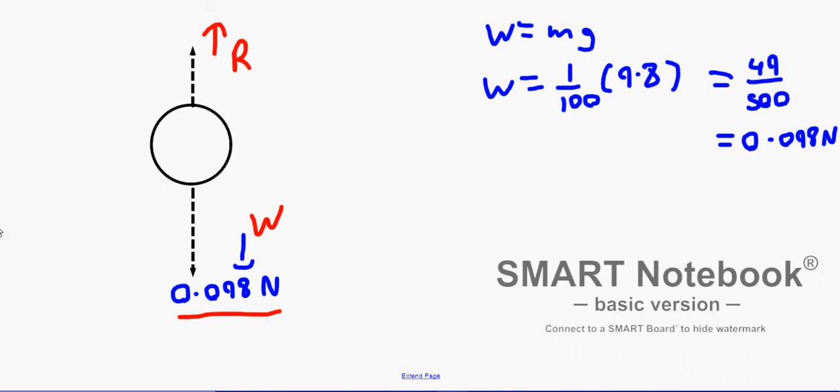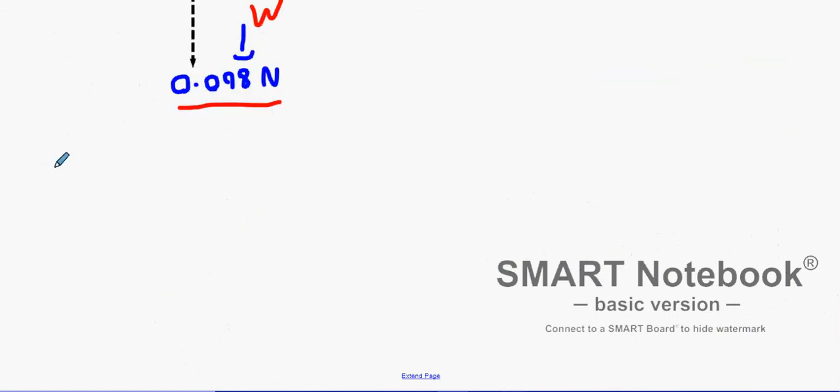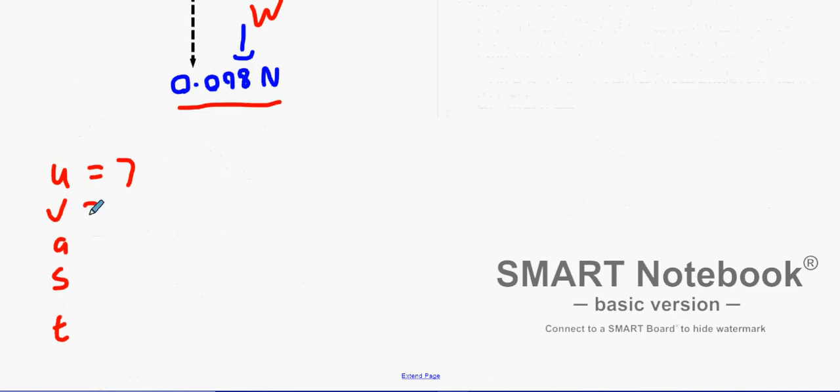What we can evaluate next, we can start off with u v a s again, except this time it hits the ground. It starts off at 7, because 7 is where it hits the ground here, and it's starting to encounter resistance R as it burrows through the ground. So it only goes 0.35 meters, and we know it stops.